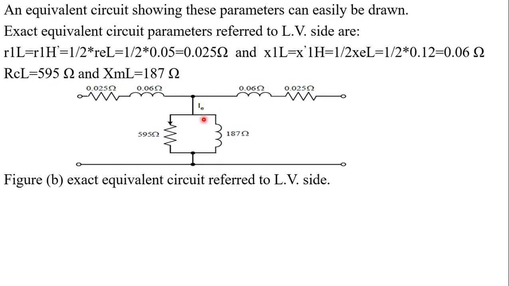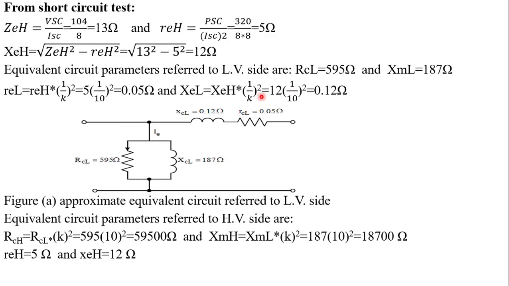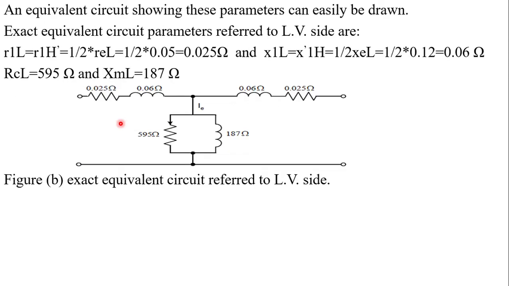And now we can divide 0.05 into 2, by 0.025 and 0.025 on both sides. But this value remains the same, and this is the exact equivalent circuit referred to the low voltage side.